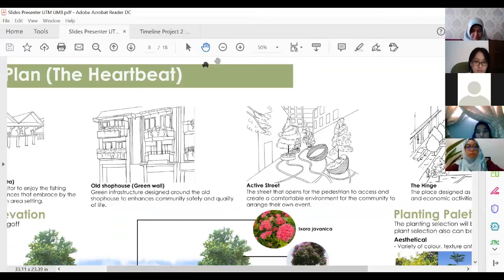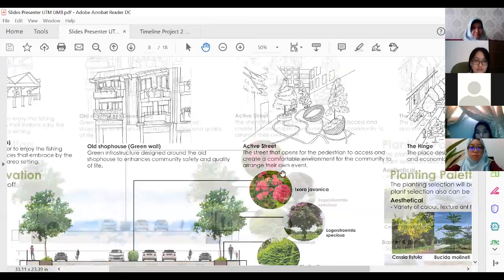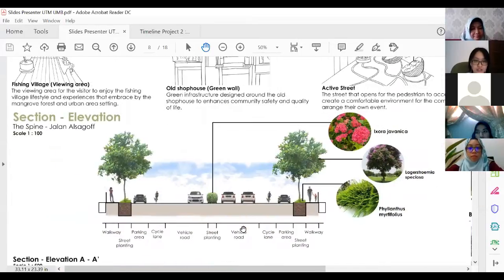And then below will be my section and elevations for the site. The first one will be showing the Spine Jalan Asagov, which is the main road, and also a busy road in Pontian Besar, which is very important for the site.